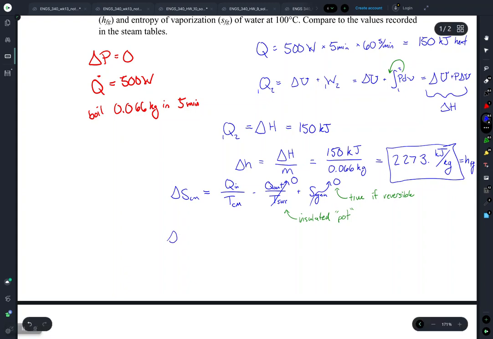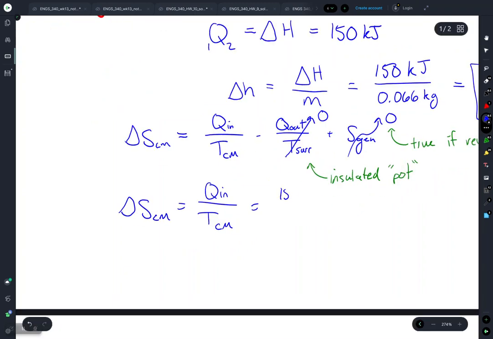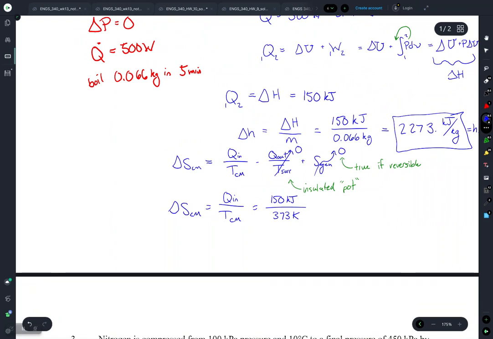Then we can find the change in S of our control mass equals Q in over the temperature of our control mass. So this is equal to 150 kilojoules divided by 373 Kelvin. And then we can add mass into the equation just the same.